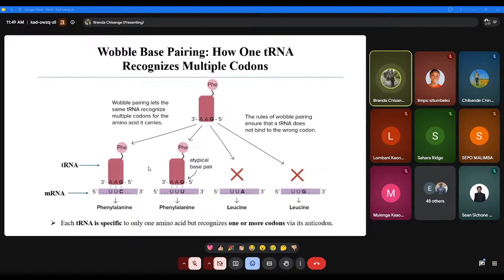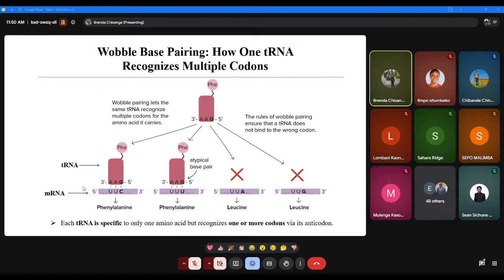The third position can allow for a mismatch. Here a G, for example, a U should best pair with an A, but that's not the case. So this position does not need to be exact. As long as the first two positions form stable complementary base pairing, the third one can mismatch but still allow the same tRNA to recognize that codon.